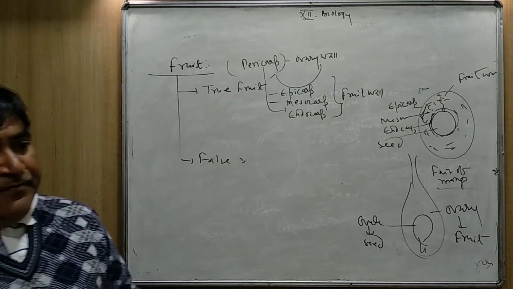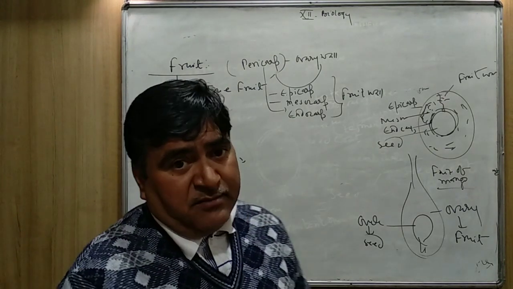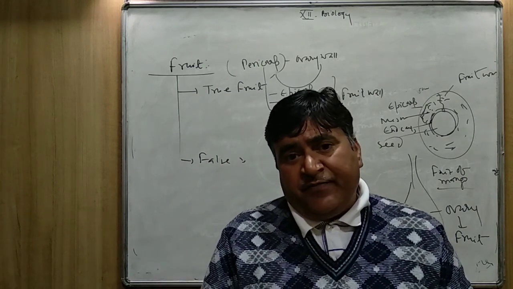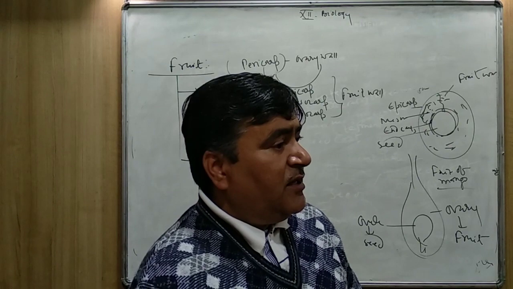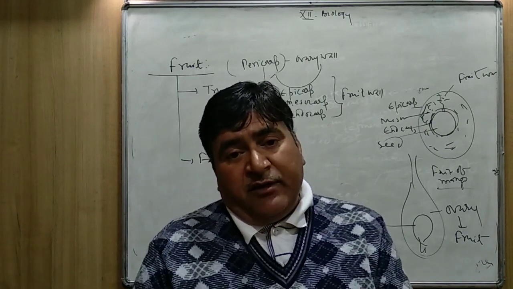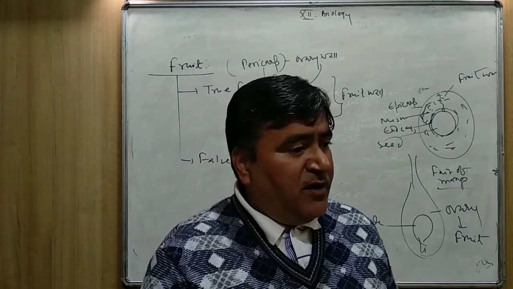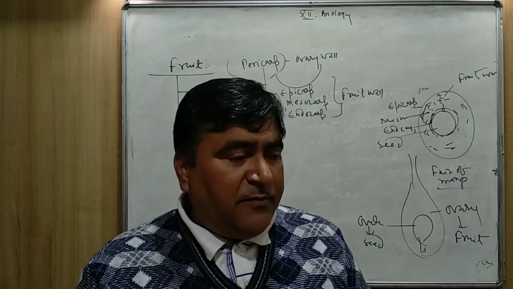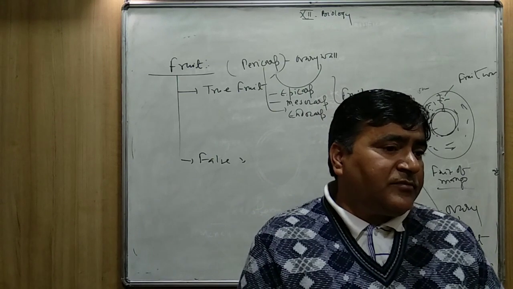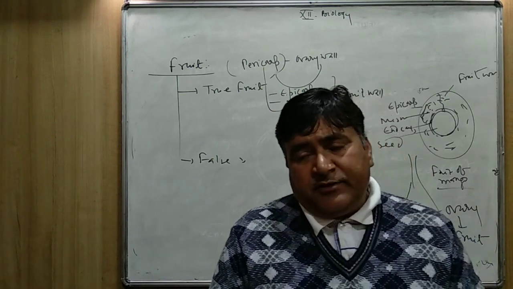The fruits may be perishable or may be dry, depending on their water content. The fruits are perishable like watermelon, mango. These are the perishable fruits, and the almond and other fruits.